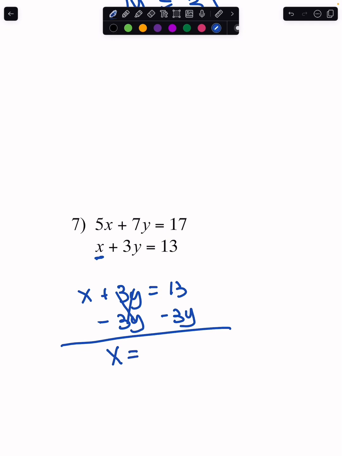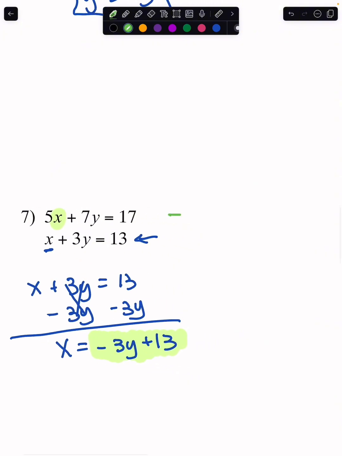Because I manipulated this one, I need to plug this stuff in for x. Where is there another x that I can use? Right there. So I'm going to go ahead and do that right now. So I got 5 times negative 3y plus 13 plus 7y equals 17.